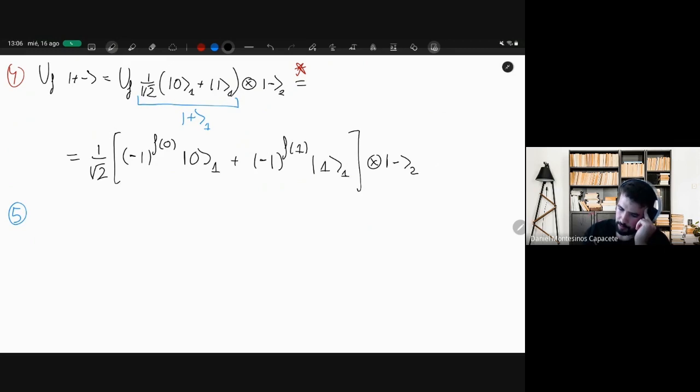This is going to be H acting on the first qubit to this state, because this state is just this state here.